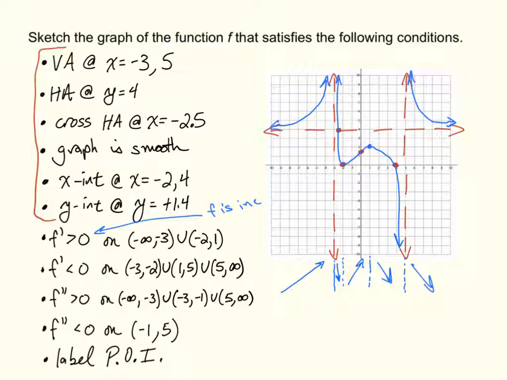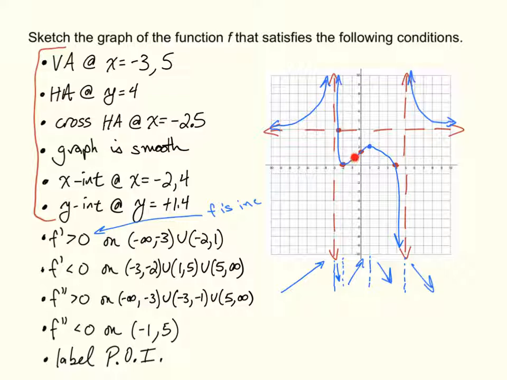The next interval here, negative 3 to negative 1, we also needed to make sure that this graph is looking concave up. And if you follow this graph from negative 3 to right here, negative 1, it looks like just this portion is opening up. So again, we were able to get concave up just by reasoning through our first derivative intervals.